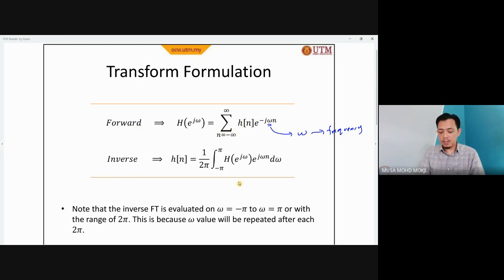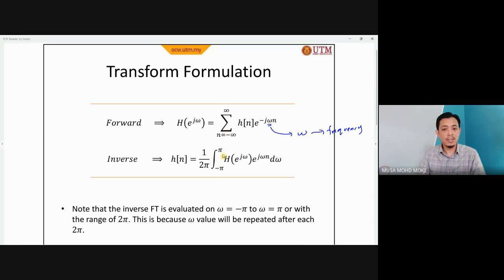And what is the inverse? The formula requires some integration. Because in this class we are not going to do integration, which is too complicated, we will do something else. So for now we will focus on this one first. How to do the inverse?